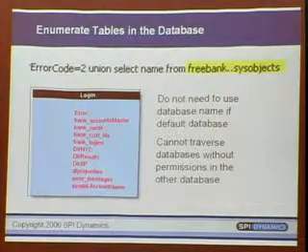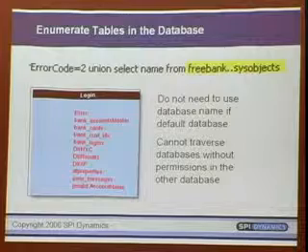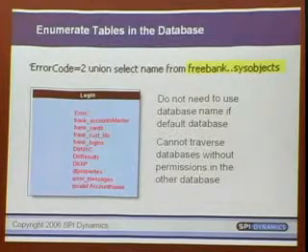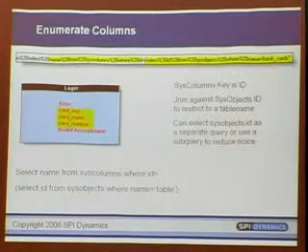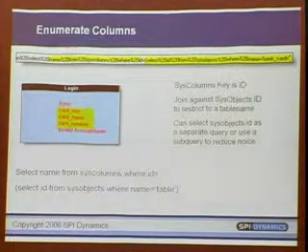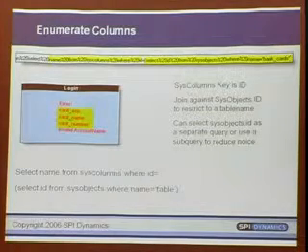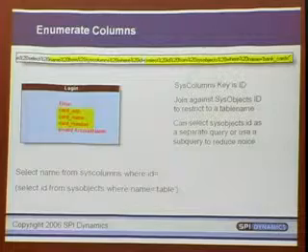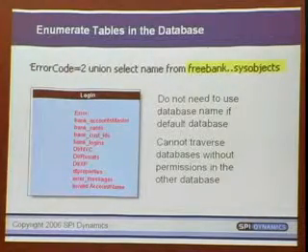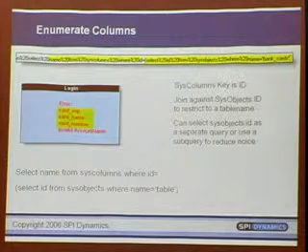When you find the tables you're interested in, sysobjects returns table names. You can then get column names from syscolumns. Syscolumns key is called ID, and it relates directly to the field called ID in sysobjects. So you can go to sysobjects, get the list of tables, say one called bank logins. If you want to get the columns for bank logins, you have to have the ID field for the bank logins table.